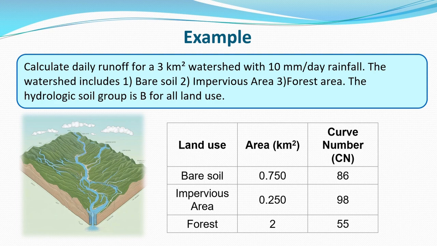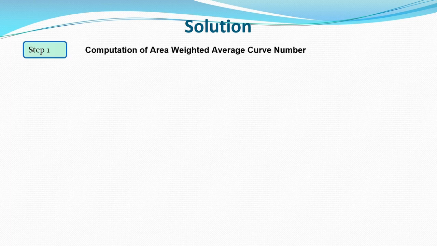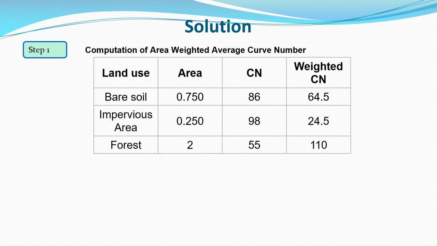Now let us try and calculate the daily runoff using the curve number method. Step 1. Computation of area weighted average curve number. So this data is already given to us: land use, area and curve number. We have to find the weighted curve number and we will take its average.